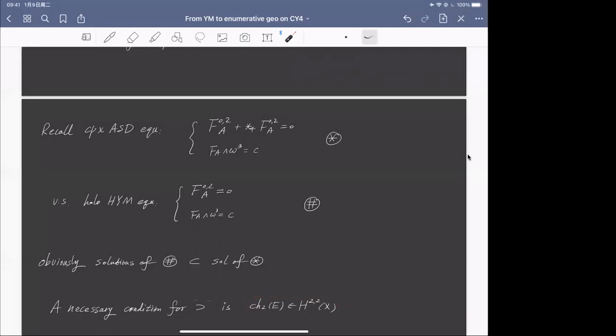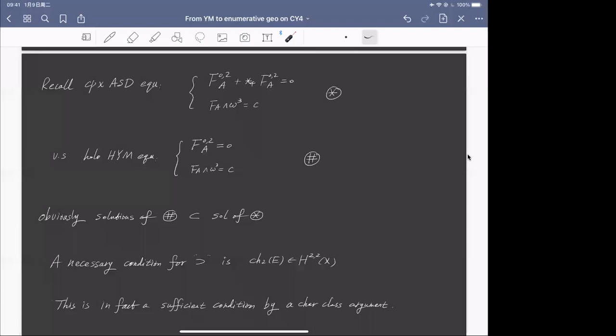So what's more important is that this is actually a sufficient condition. By the characteristic class argument I mentioned before, in the setting of real 4 dimensions, remember you consider the second Chern character of this bundle. So this is on real 4-manifolds, and this equals the trace of F_A squared up to a constant.